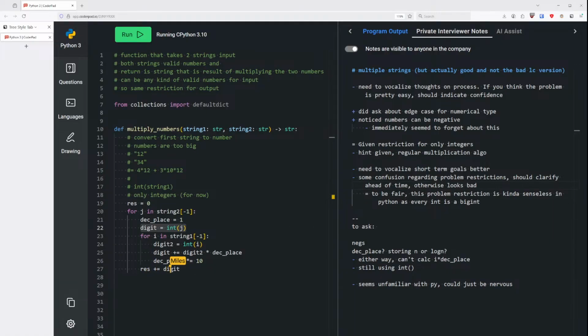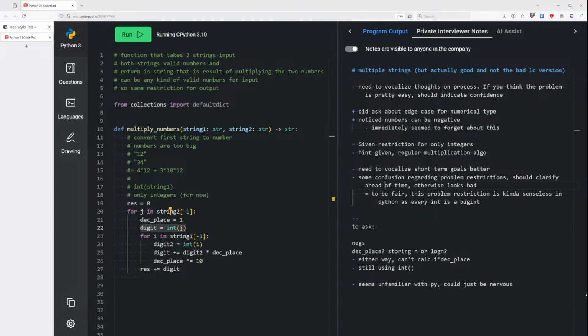Plus equals digit. Guess my only concern now is negative integers. Let me make sure this makes sense first.